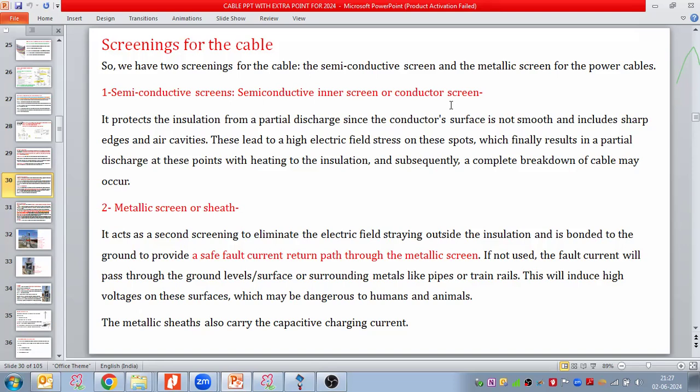So, the second screening is the insulation screening, and in that we are taking this metallic screen, or the metallic sheath. It is the metallic screen.